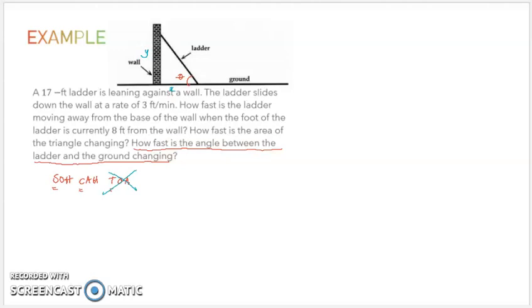So not that anymore. We just choose between sine and cosine. Let's use sine. So our formula will be sine theta is equal to opposite, so we have y over the hypotenuse, which is 17, a constant. It's 17 based on the problem. So we just have sine theta is 1/17 y. Let's get the derivative of this with respect to time.